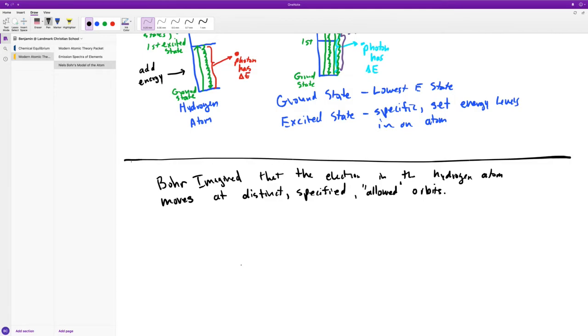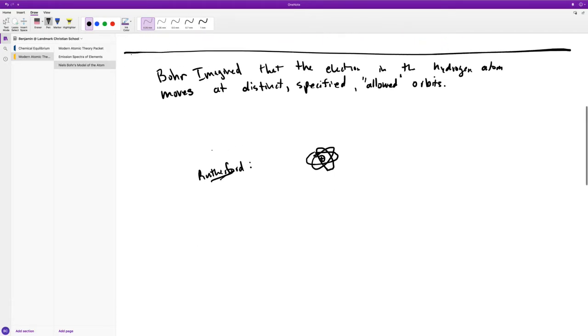Okay, so remember Rutherford's model of the atom was, he wasn't really sure about it, but Rutherford kind of thought that, here's your nucleus and then the electrons just kind of orbit wherever, right? Just kind of buzzing around the nucleus, okay? And so Bohr says, no, that's not right. There are very distinct spots, distinct orbits for the electron.